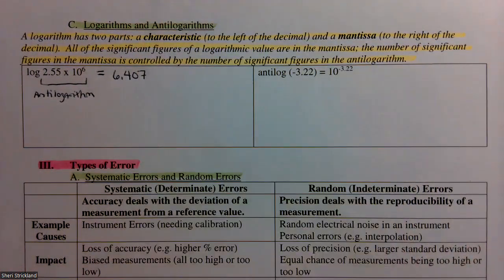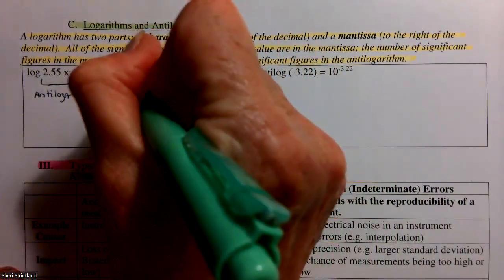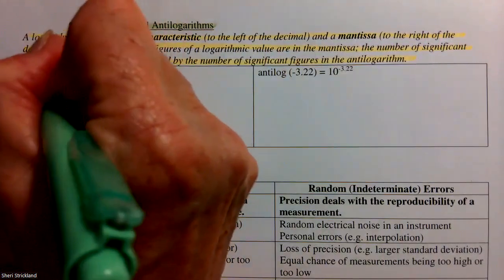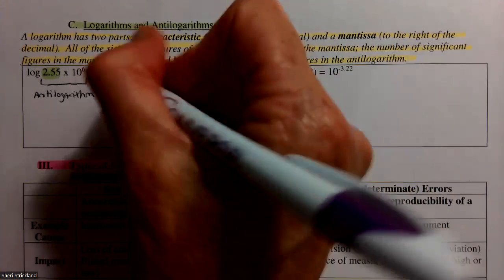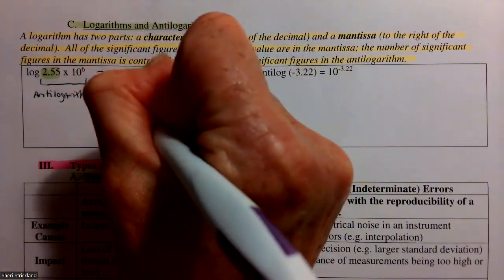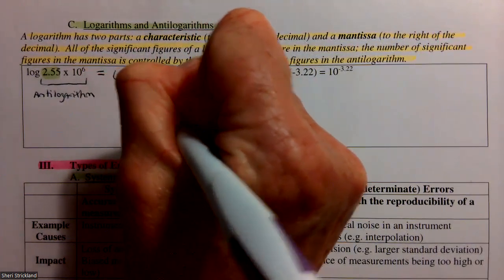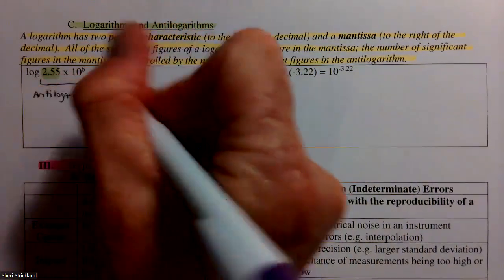Now we can only keep 3 digits past the decimal because there are 3 significant figures in the anti-logarithm. Okay, so this is the mantissa. And this right here is the characteristic.